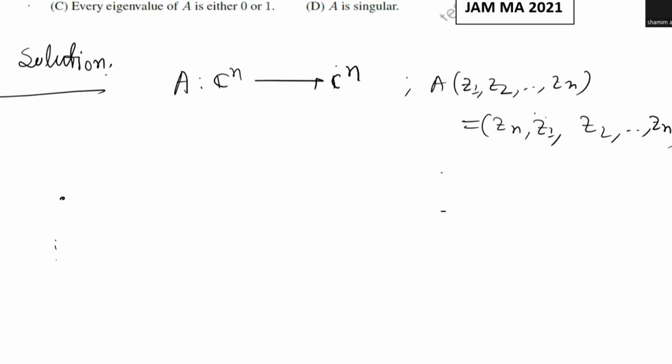Now, the standard basis we already know: e1, e2, ..., en, where the ith coefficient is 1 and the other coefficients are 0.